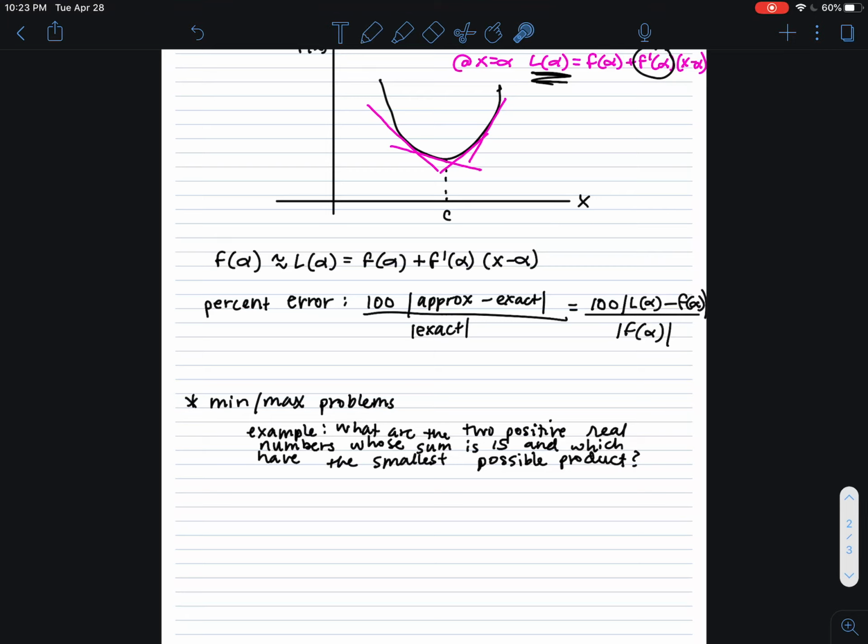So remember, a sum is things being added together, a product is things being multiplied together.